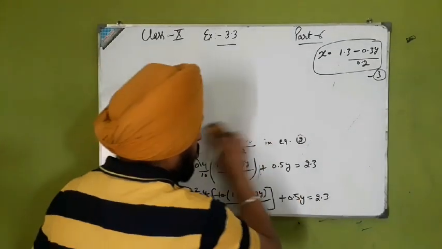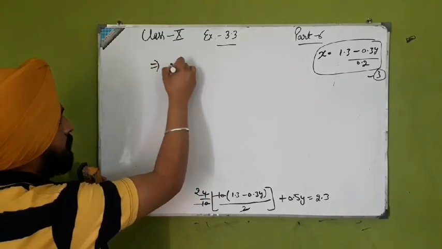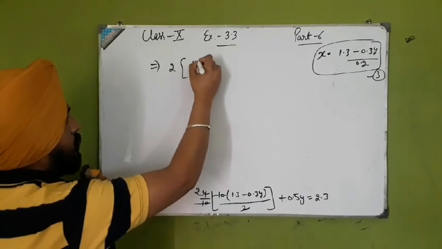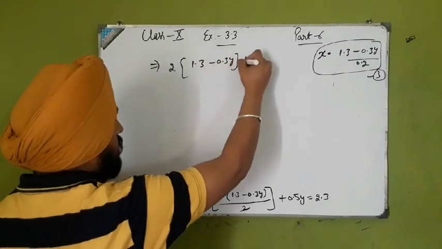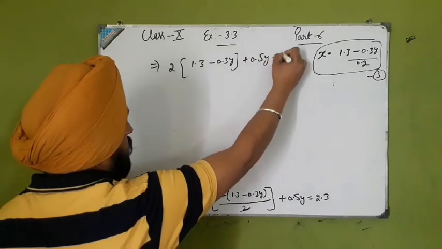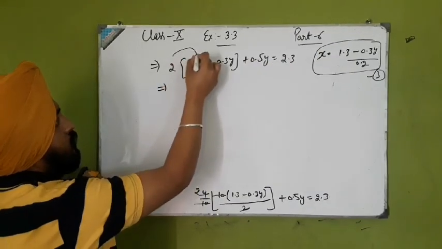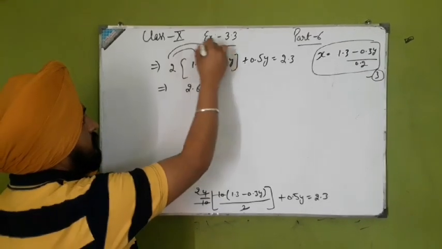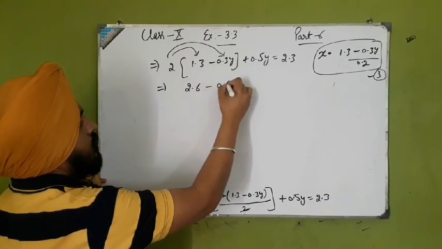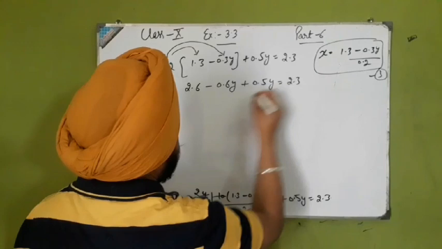Clear? Now we have to put this value and solve it. 2 into 1.3 minus 0.3y plus 0.5y is equal to 2.3. Now multiply 2 with 1.3, that is 2.6, 2 with 0.3, 0.6y, plus 0.5y as it is.